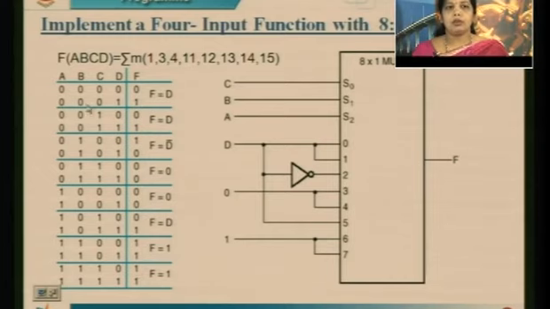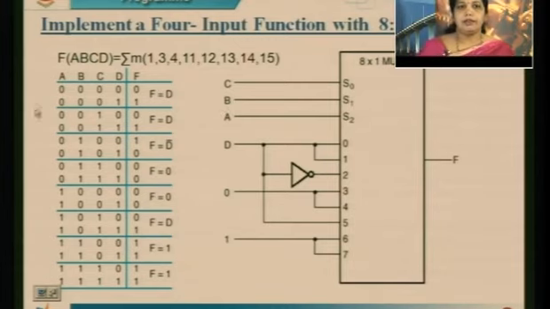Now I am going to divide these 16 into 8. Why? Because I have an 8:1 mux, and for an 8:1 mux I require 3 selection lines. So I am going to choose A, B, C as selection lines.